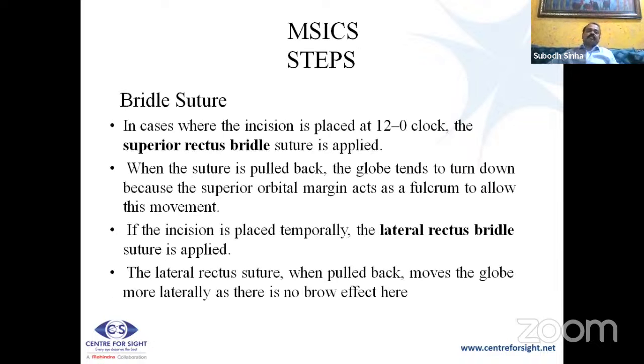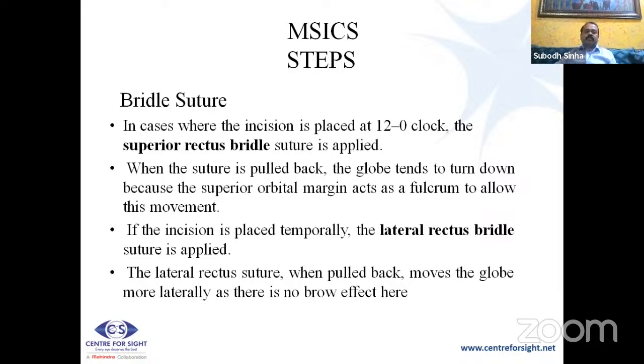So the next step is the use of bridle suture. If you are planning a superior incision, you can take a superior rectus bridle suture. If you are planning a temporal incision, which is becoming more and more popular, you can take a lateral rectus bridle suture.